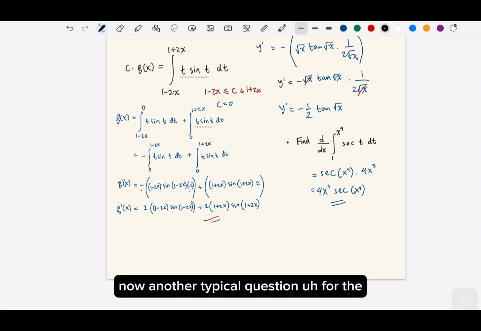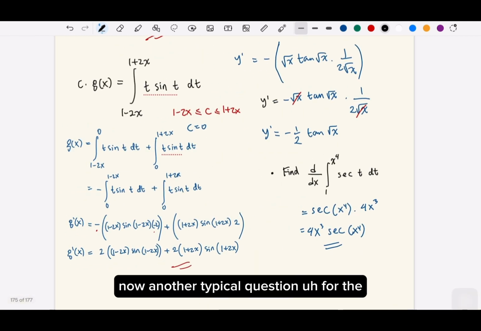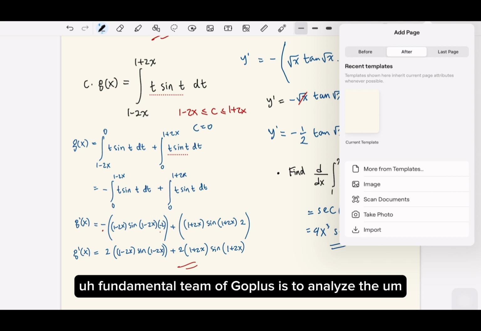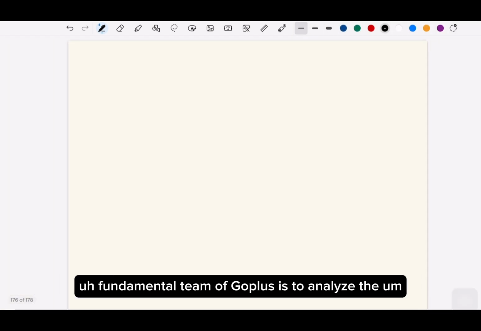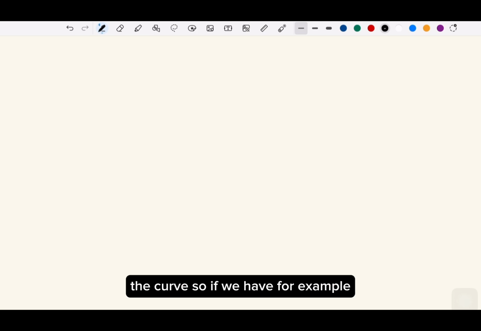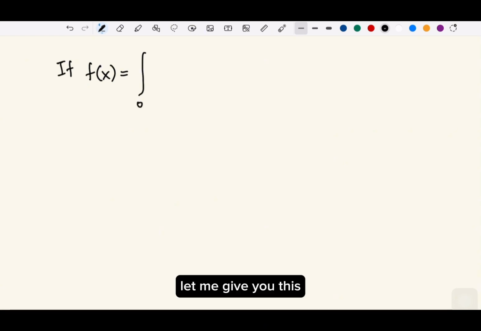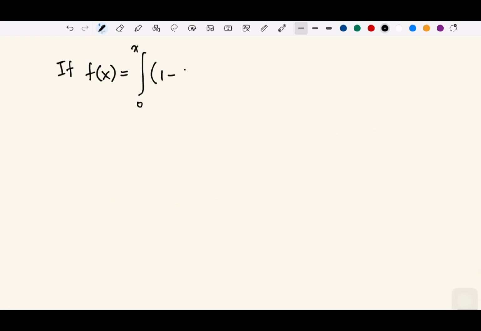Now, another typical question for the fundamental theorem of calculus is to analyze the curve. Okay, so if we have, for example, let me give you this expression.